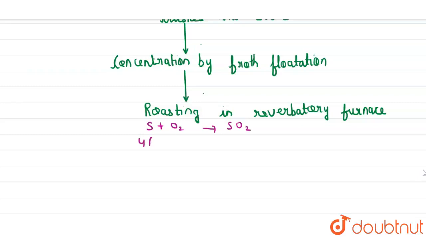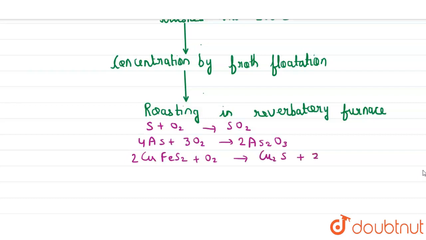Arsenic will oxidize to arsenic oxide. And CuFeS2 gets converted into Cu2S plus 2FeS plus sulfur dioxide.